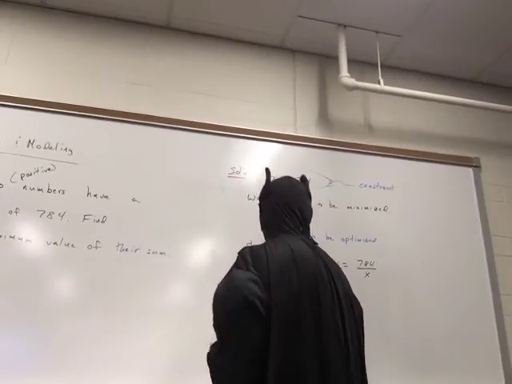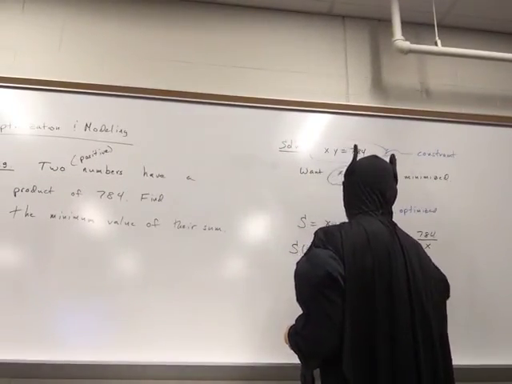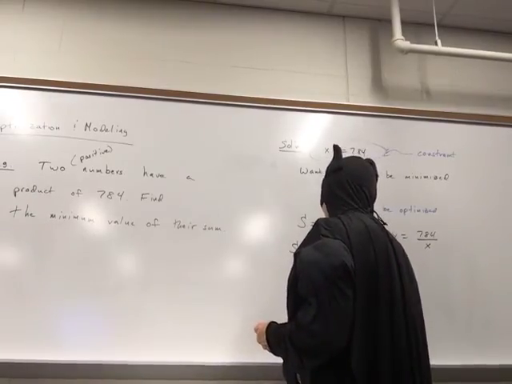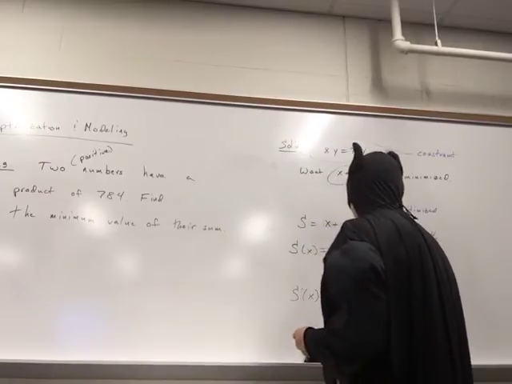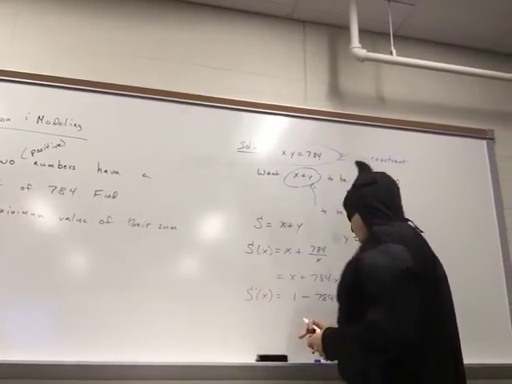Doing our due diligence, let me write this first as x plus 784 x to the negative 1, to make s prime of x pretty straightforward as being 1 minus 784 x to the negative 2.